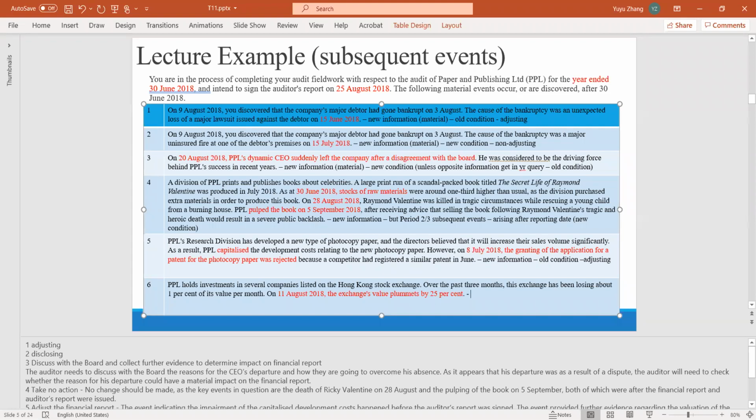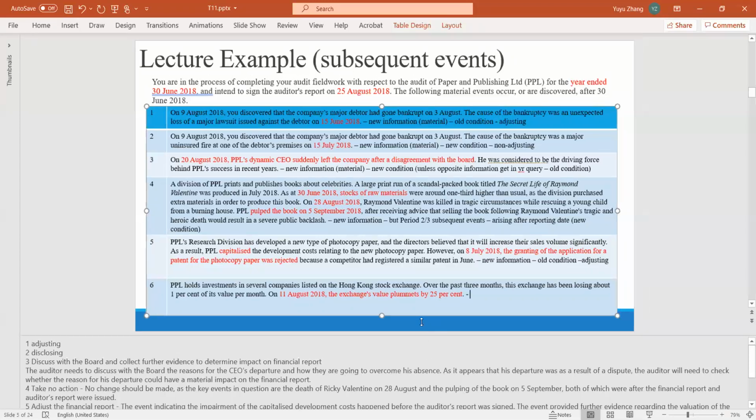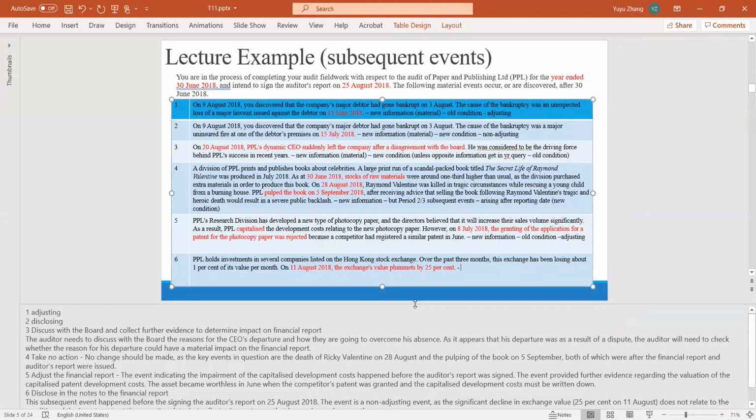However, what we focus on here is the 25% drop on 11th of August. So it is new information and also a new condition, because it is happening on 11th of August.